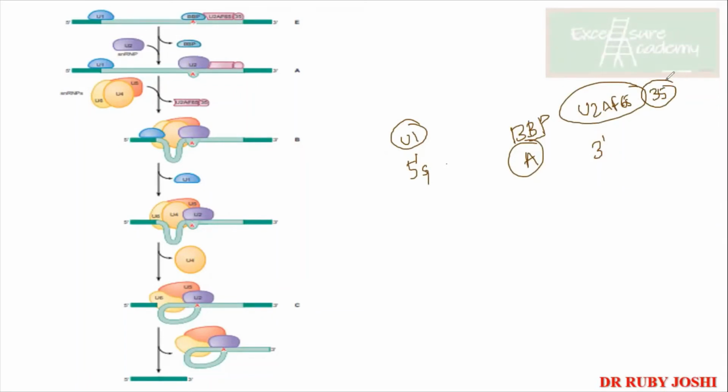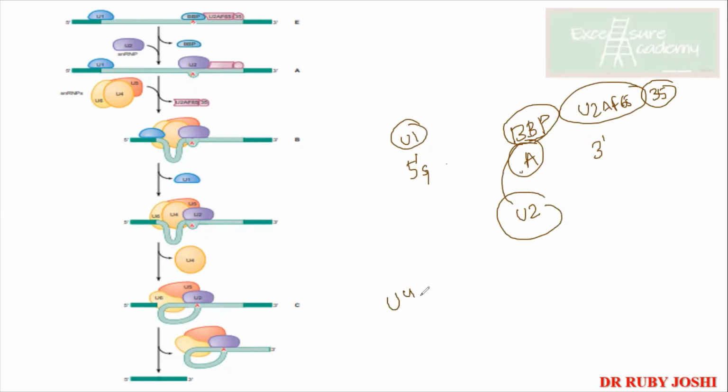Okay. Now, next. So we know that this branch point binding protein is ensuring that this A gets protruded out so that it becomes available for the attack. Okay. And once this is being done, this is replaced by your U2. So U2 will come and bind over there. Next is that the entire tri-snRNP particle is coming.